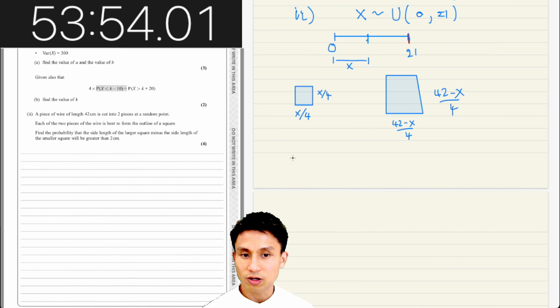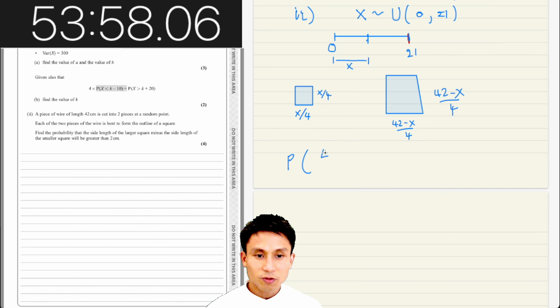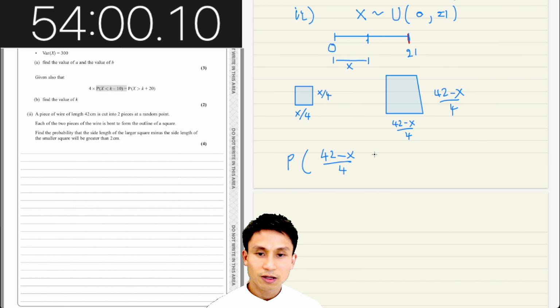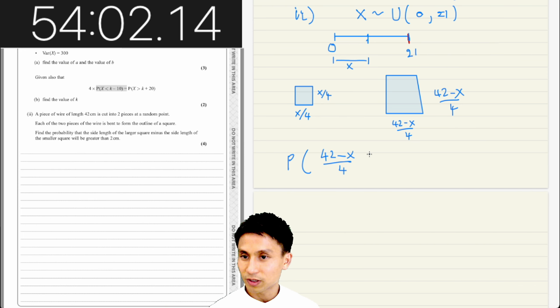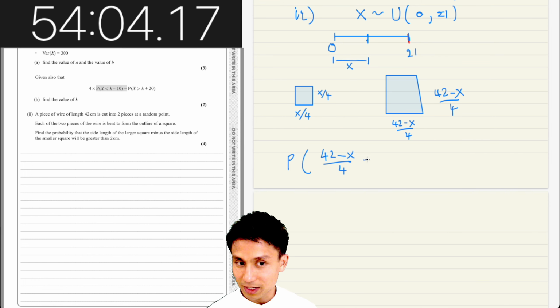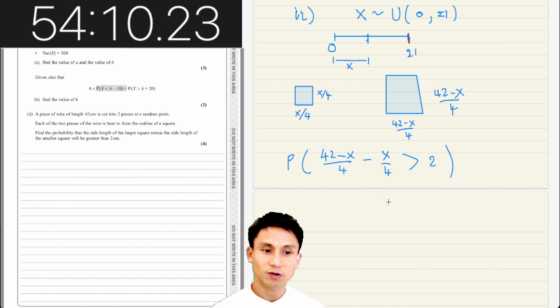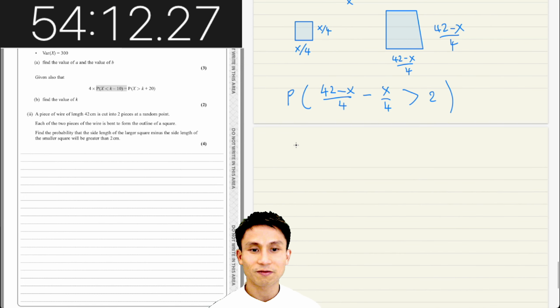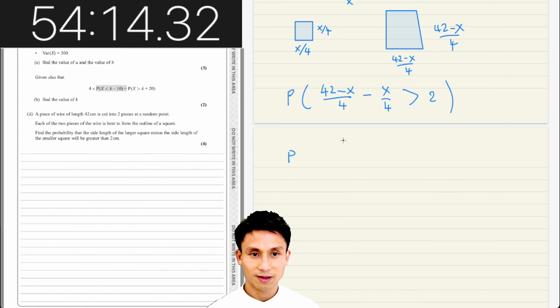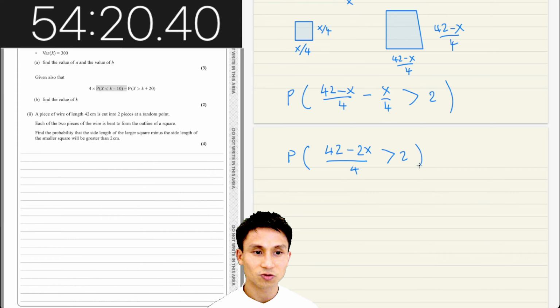So we want the probability that the side length of the larger square minus the side length of the smaller square, x over 4, is greater than 2. We need to derive that. If we merge the fraction, it would be 42 minus 2x over 4 greater than 2, right?